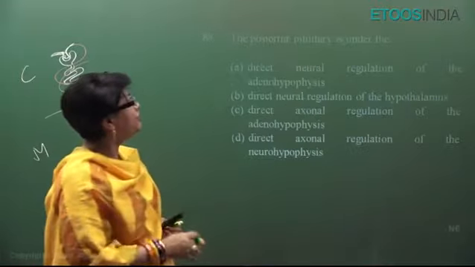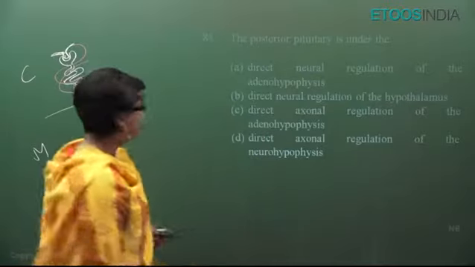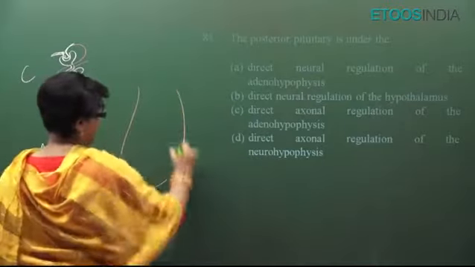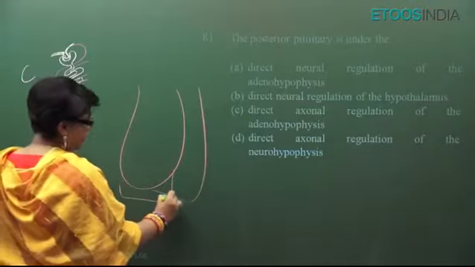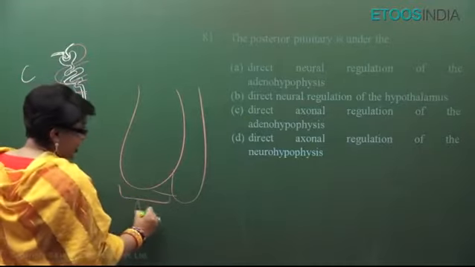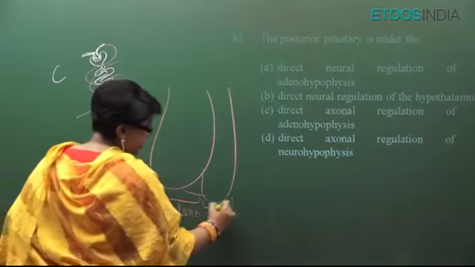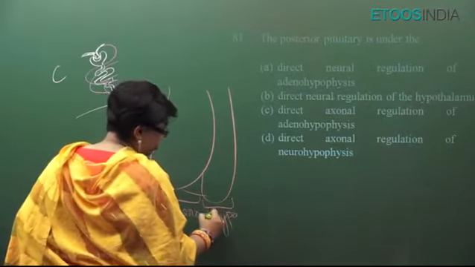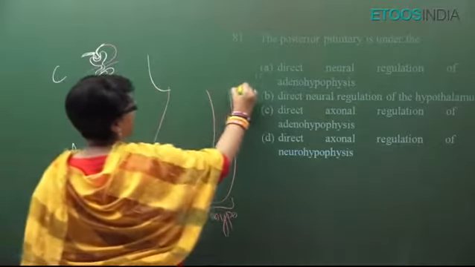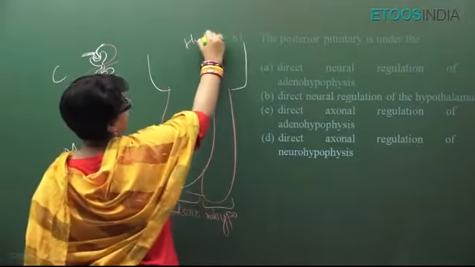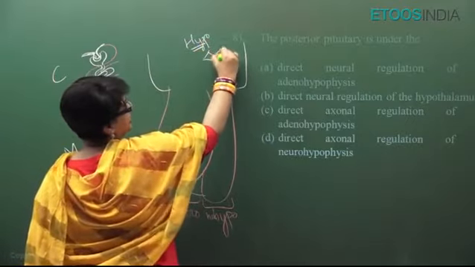Now, the posterior pituitary is under... Students, we know, suppose this is the anterior pituitary and this is the posterior pituitary. Middle lobe and anterior lobe together are the anterior pituitary or adenohypophysis. Posterior pituitary is neurohypophysis, right? Now they both are under control of the hypothalamus. In the hypothalamus there are neurosecretory cells.